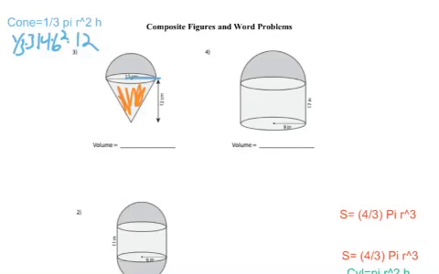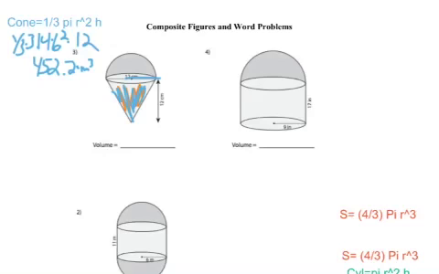Enter that into the calculator and you end up with 452.2 centimeters cubed. So that is the volume for the cone.